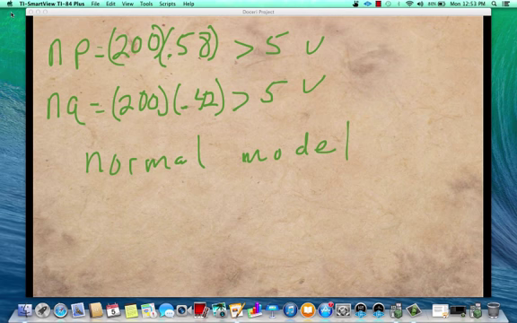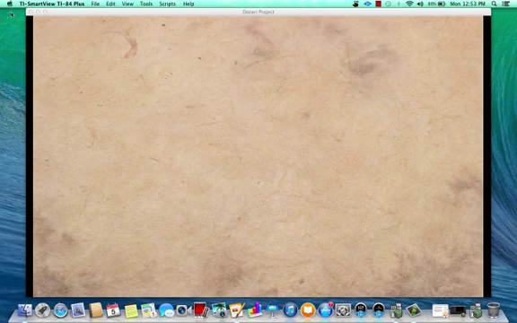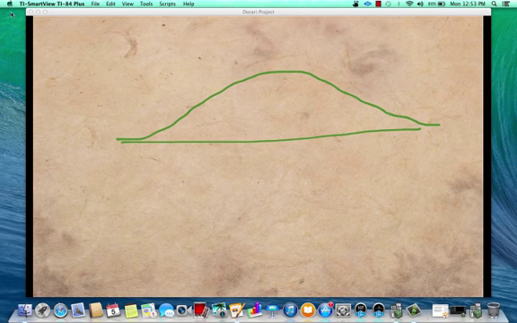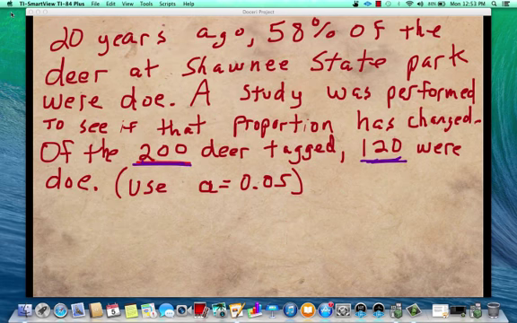All right, so let's go back to this and draw a picture. I want to draw my nice looking bell curve here, with the mean in the middle. Now here's one thing we need to go back to the original problem for. We have to use alpha equals 0.05.